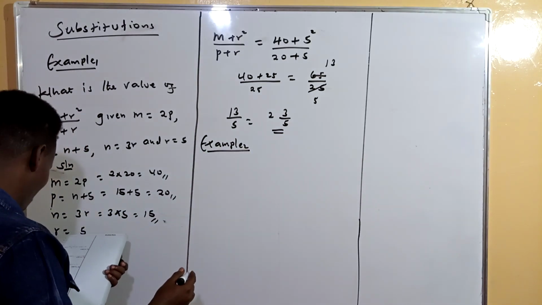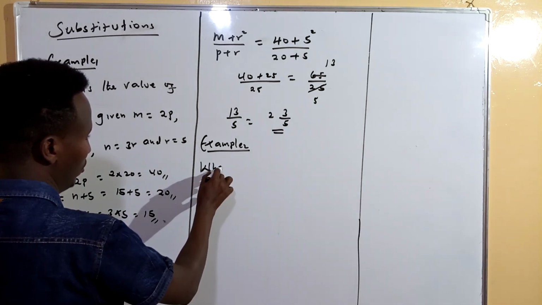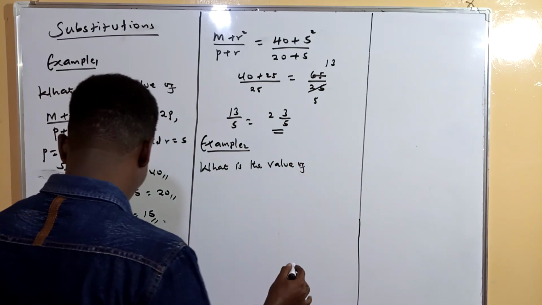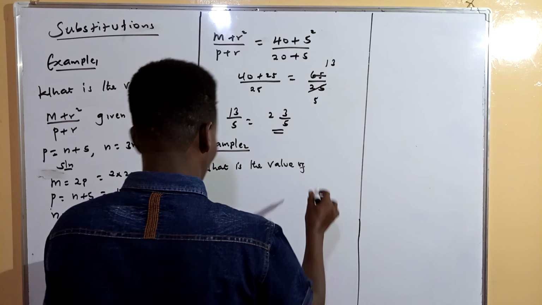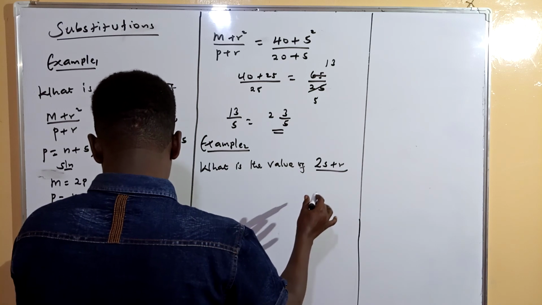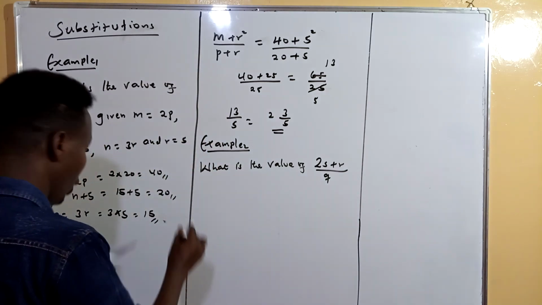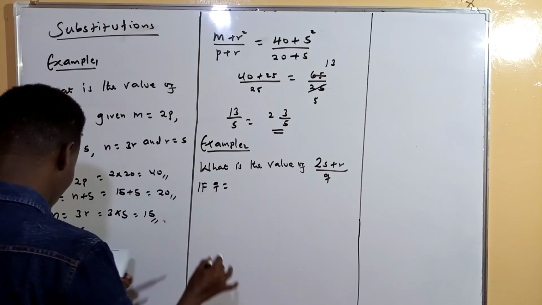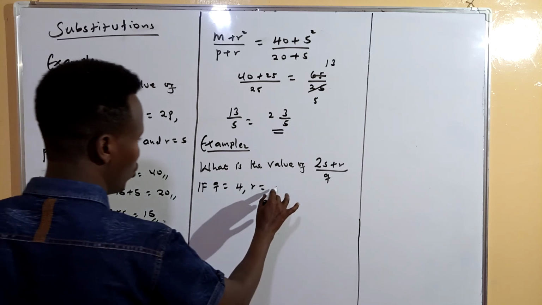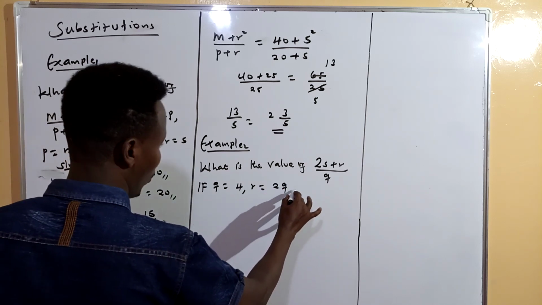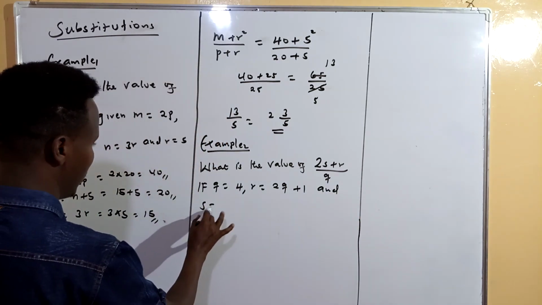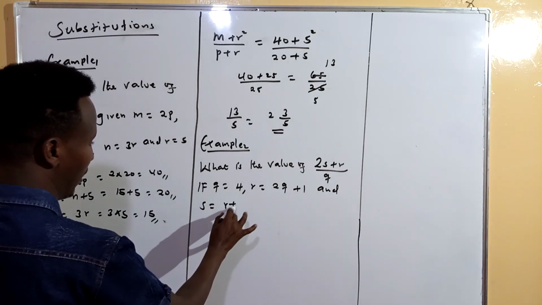You're told, what is the value of 2s plus r, all divided by q, if q is equal to 4, r is equal to 2q plus 1, and s is equal to r plus 2.